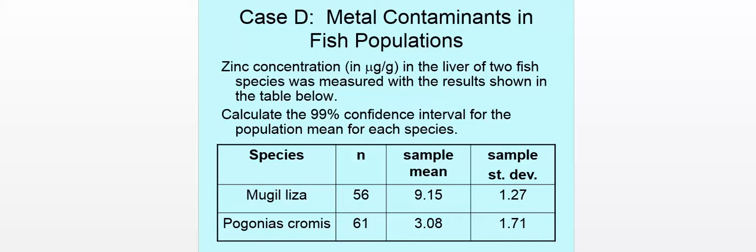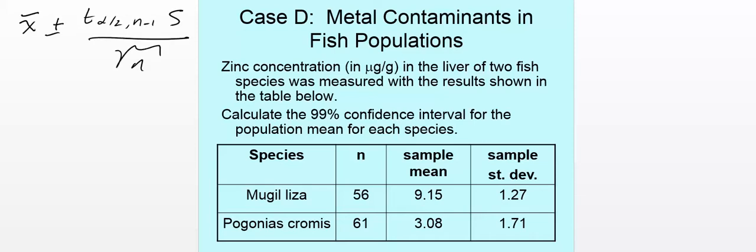In both of these, we're using the same equation to start with: x bar plus or minus t of alpha over 2, n minus 1, and s over square root of n.